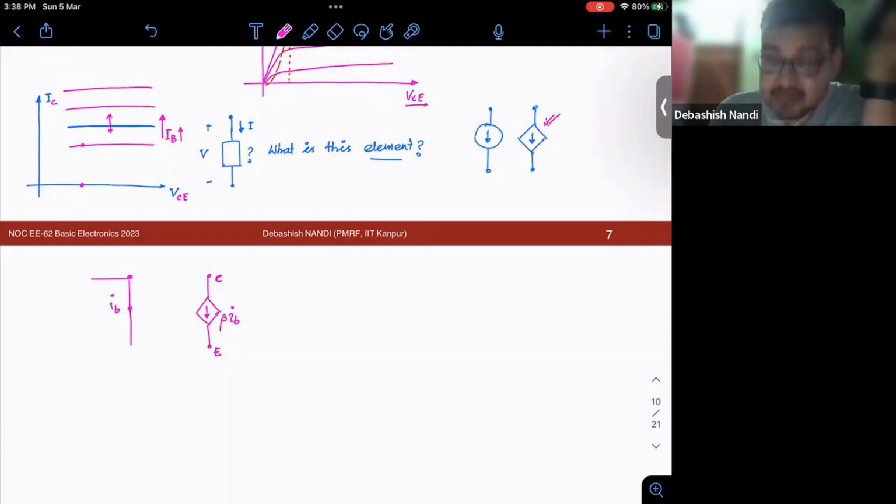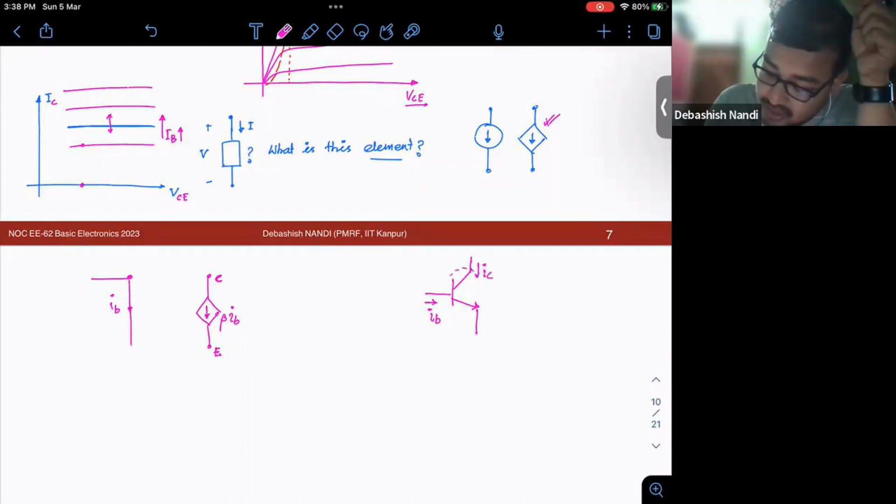Now let's say, what is my IB? IB needs to be flowing from my base to the emitter. If you see, this is my IB, right? This is my IC.